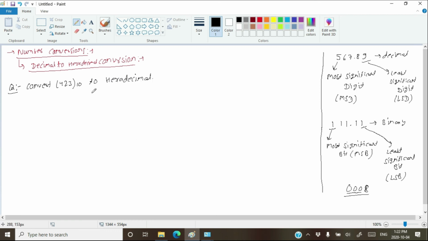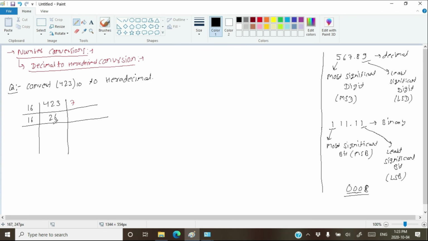So again, to convert a decimal to hexadecimal, we will use the repeated division. But at this time, the divisor will be 16 because the hexadecimal number is of base 16. So do it. 423 divided by 16 and you will get 26 as the quotient and 7 as the remainder.